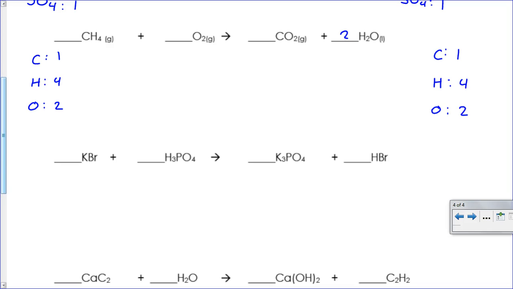and 2 oxygens. All right, and in this case, oh wait, I miscounted the oxygens originally because if you look, there's oxygen in this substance and there's oxygen in this substance as well. So there's actually now a total of 2 oxygens coming from this O2 and 2 oxygens coming from the H2O because there's 2 H2Os.